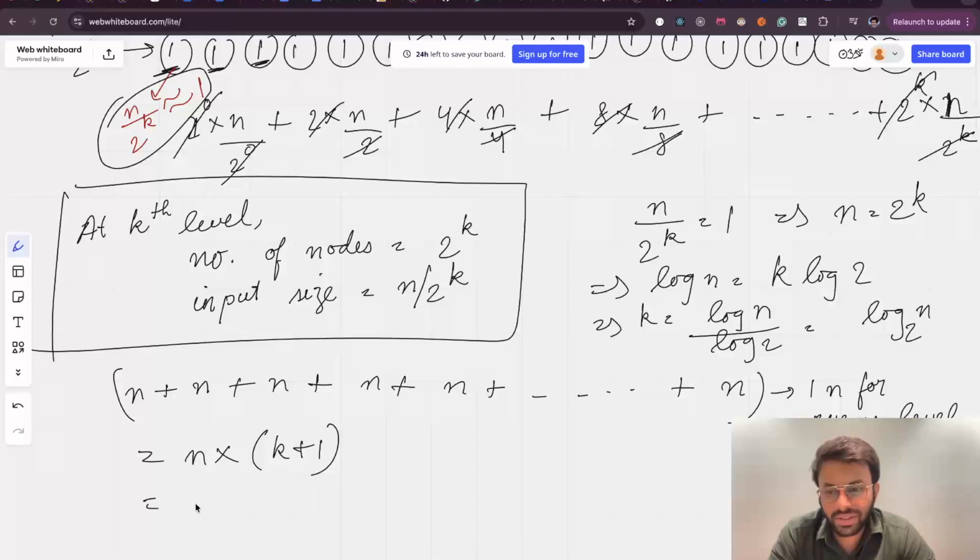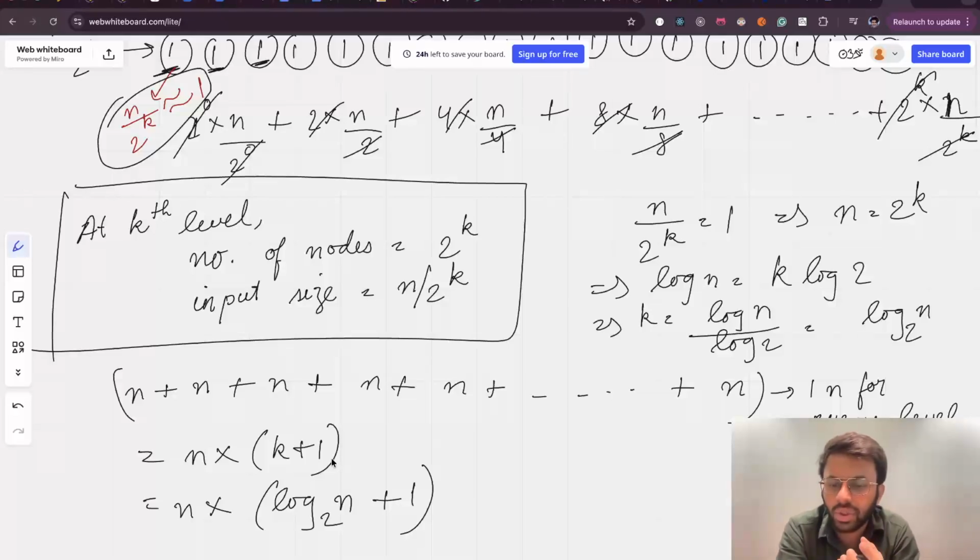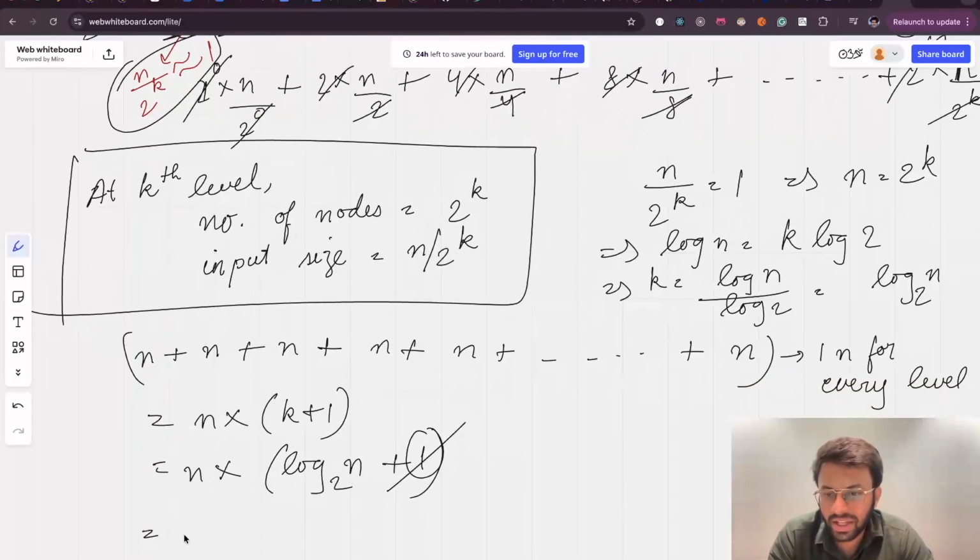So this becomes n into log n base 2 plus 1. Now whenever we are talking about time complexity, n is usually pretty large, so the 1 can be ignored. So this becomes n into log n base 2.